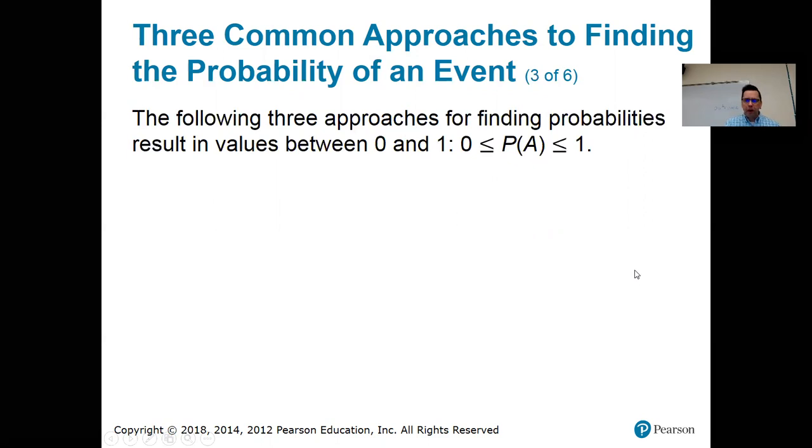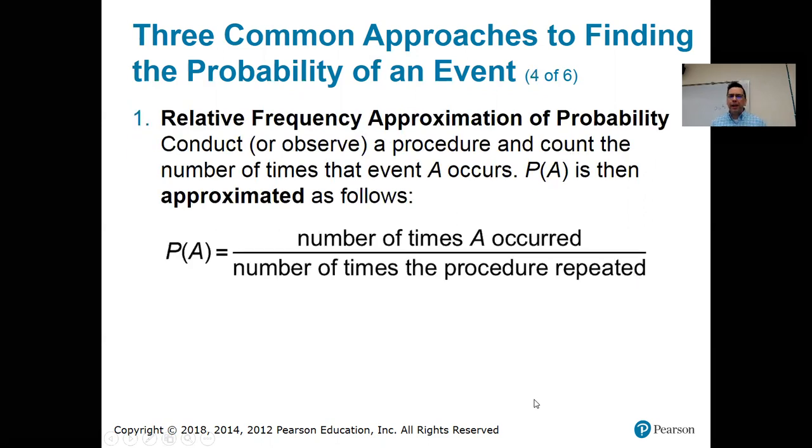The first approach is called the relative frequency approximation. This is where you actually watch the procedure being done a whole bunch of times. For example, let's say I survey 1,000 families that have 3 children, and I ask them, what was the birth order of your children? Did you have 2 girls and then a boy?